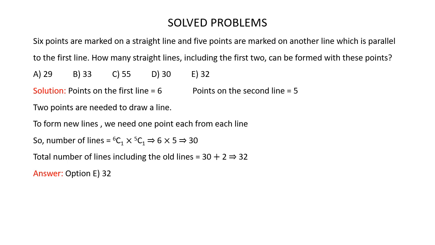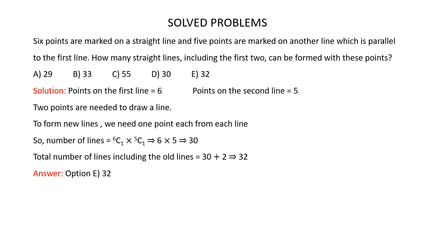Now excluding these 2 lines, to form new lines we need 1 point each from each of these lines. So 1 point can be selected from the 6 points in the first line in 6C1 ways and is multiplication, and 1 point can be selected from the 5 points on the second line in 5C1 ways.